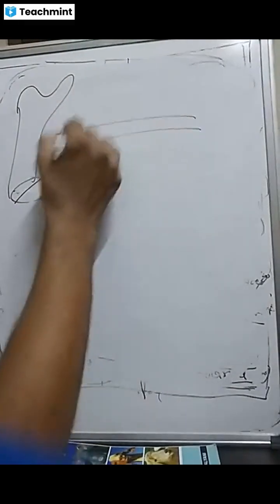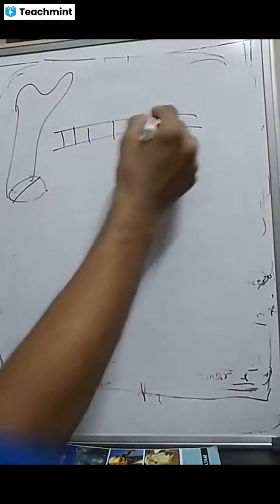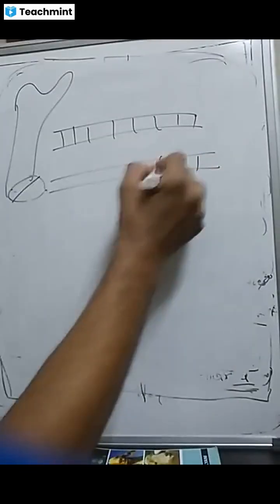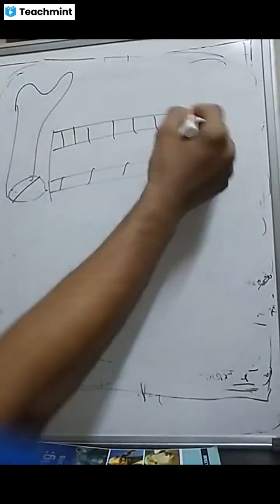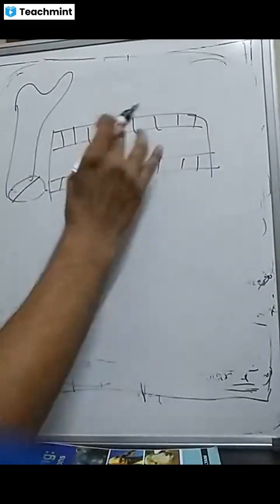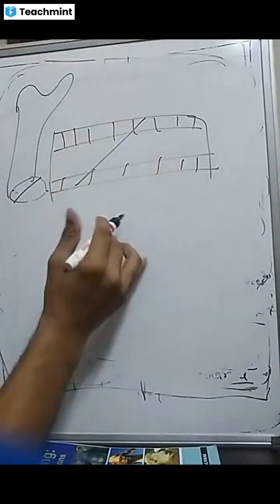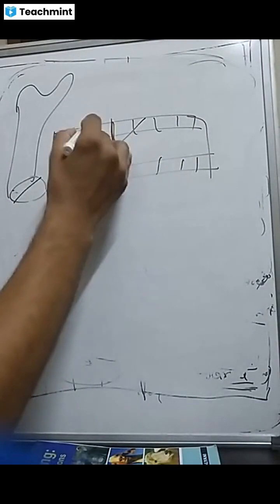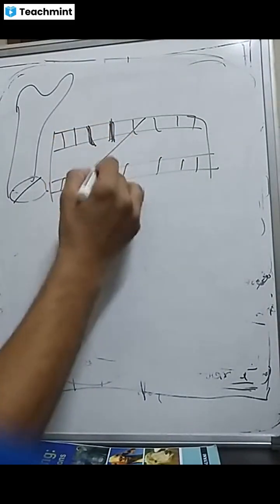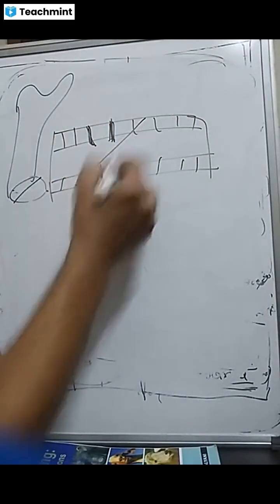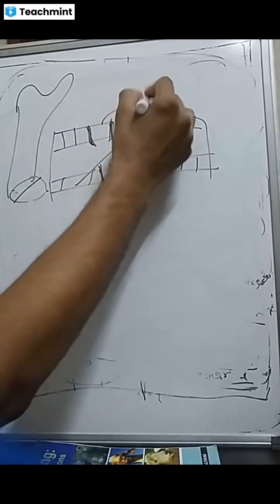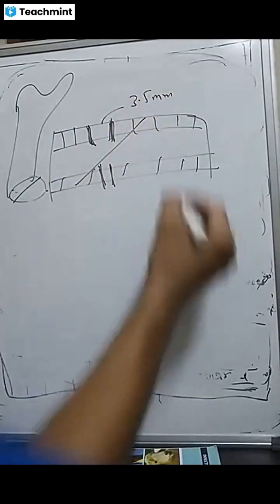For this there are two cortices, one cis and one trans. This is your oblique fracture. So we need to make two types of hole. One hole will be 3.5 mm diameter.